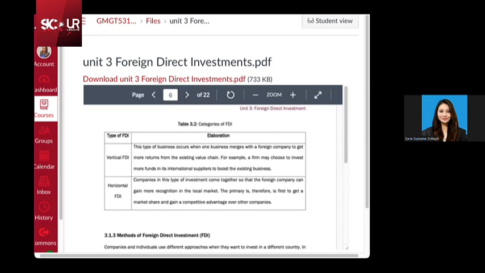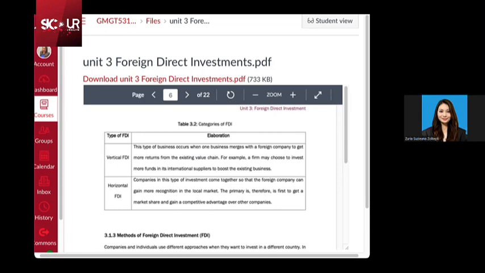Like I've mentioned, one of it is to increase the value chain effectiveness, and to deliver a particular service of the intermediaries. So efficiency seeking FDI is known as vertical FDI.